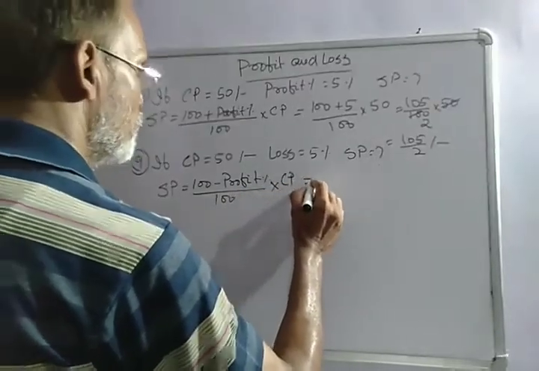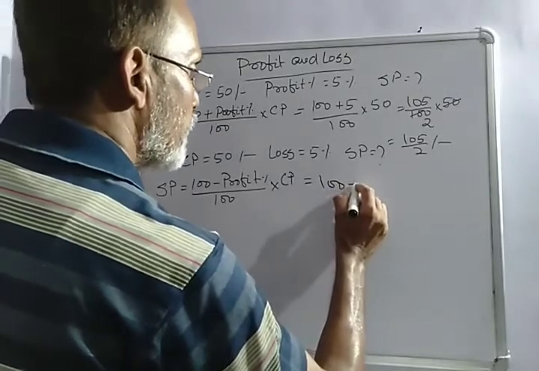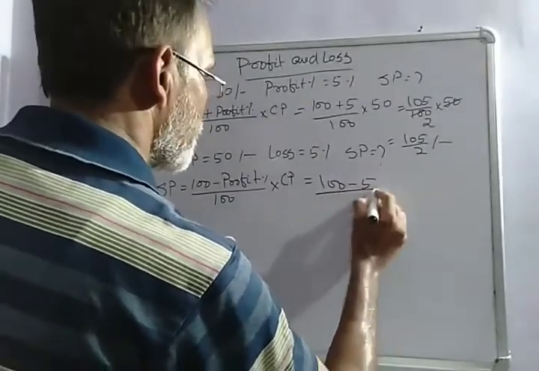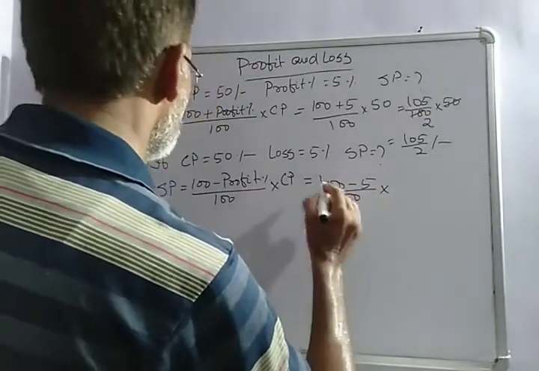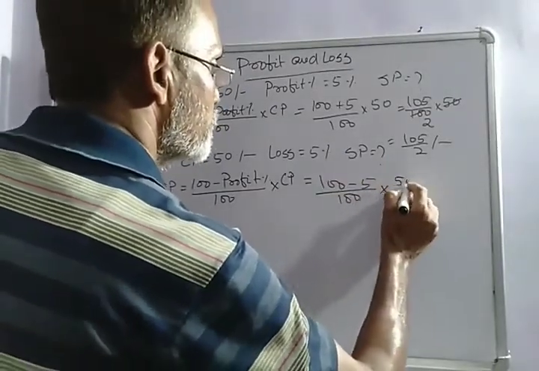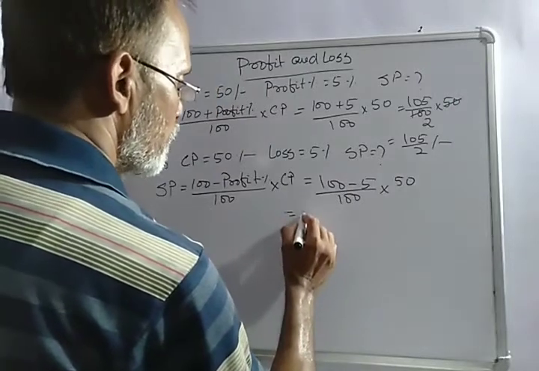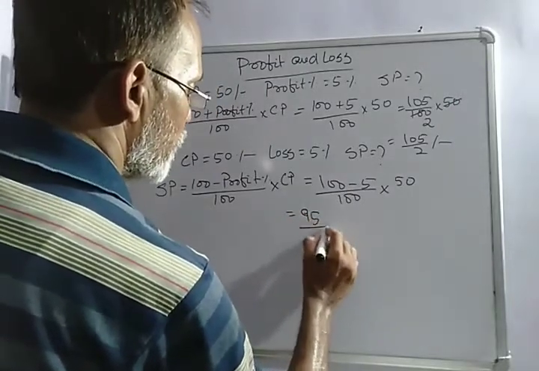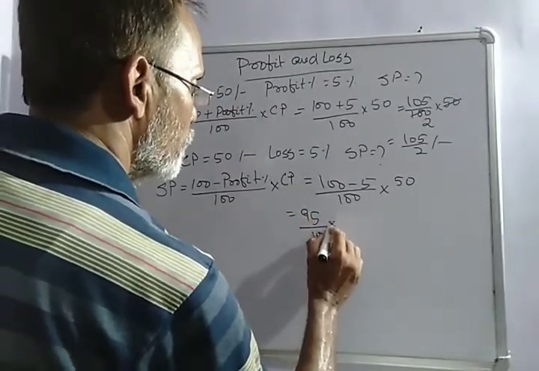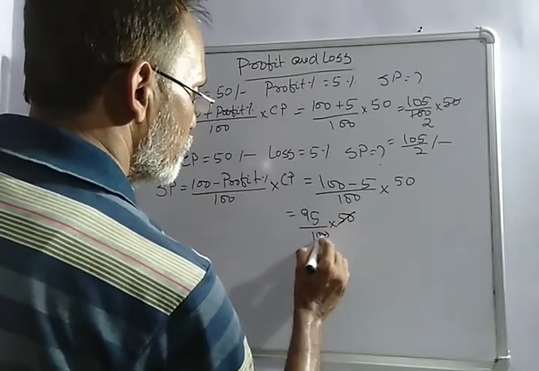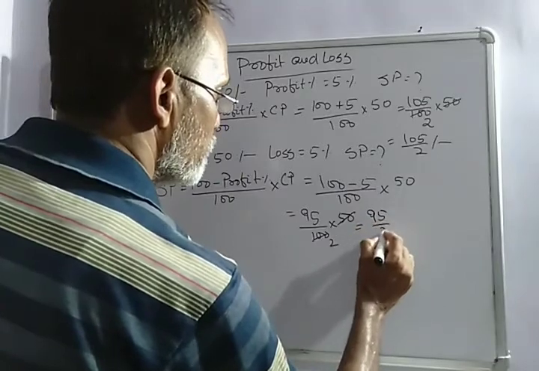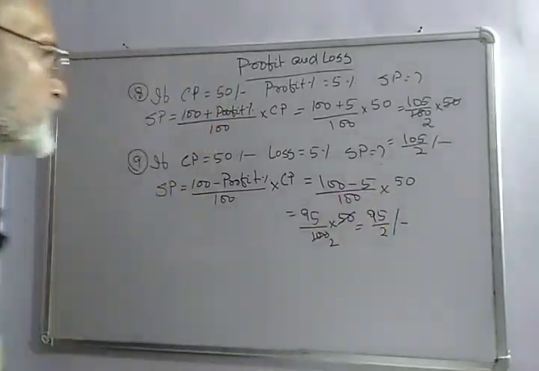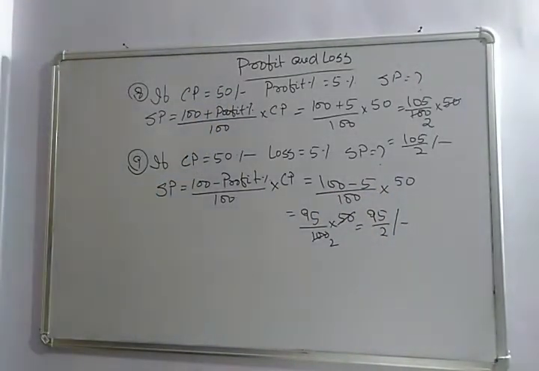So this is equal to 100 minus 5 by 100 into 50, which is 95 by 100 into 50. So this is equal to 95 by 2 rupees. This is known as number 9.